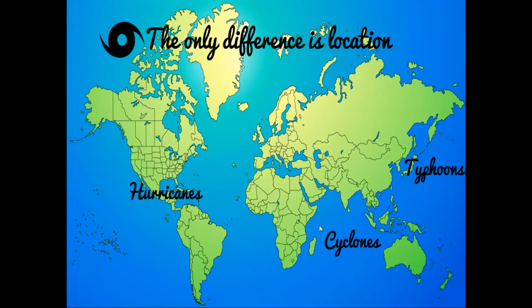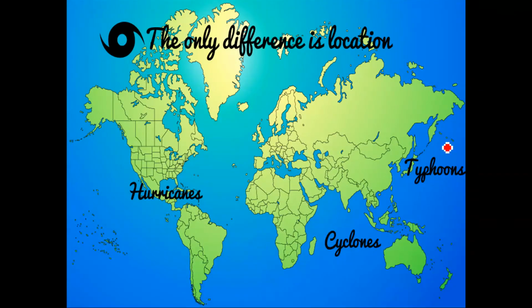So, what does that actually mean? Well, everywhere here in the Western Hemisphere, so that is west of the prime meridian, that's that line right here. Everywhere west of here, we call our tropical cyclones hurricanes.